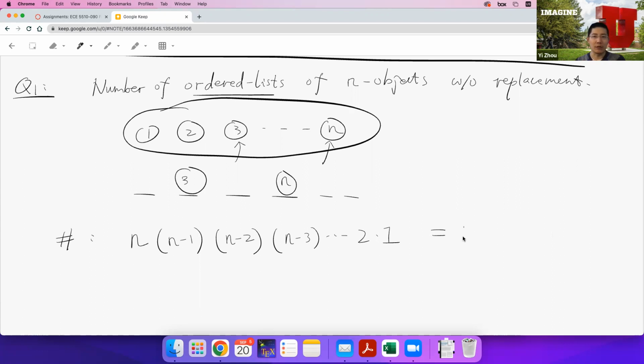We denote this as N factorial. You can leverage this rule in the homeworks or the exams whenever you want to deal with placing N different objects into N different positions.